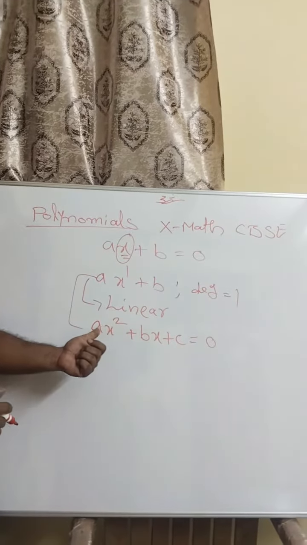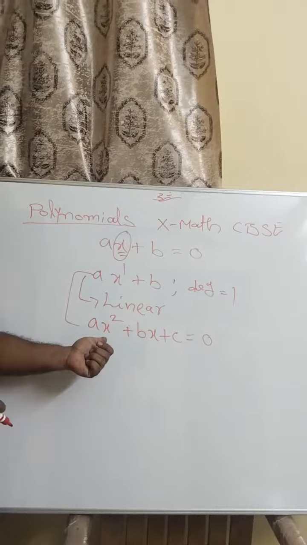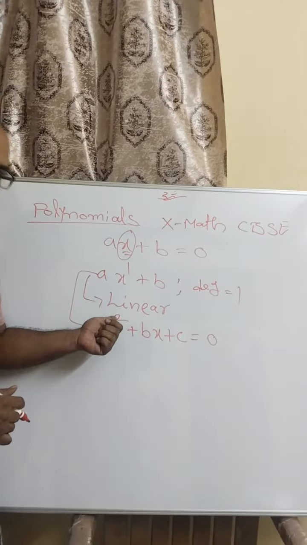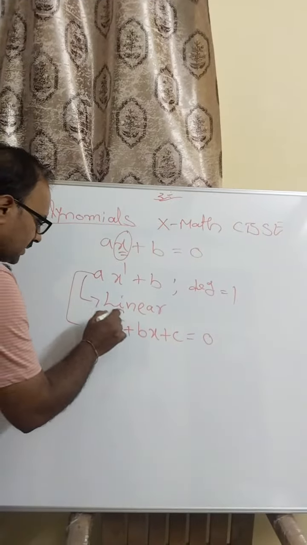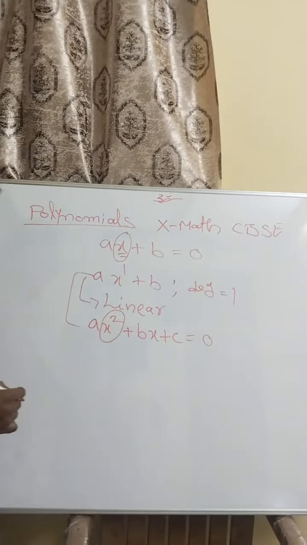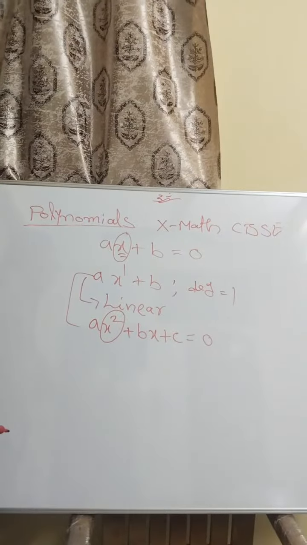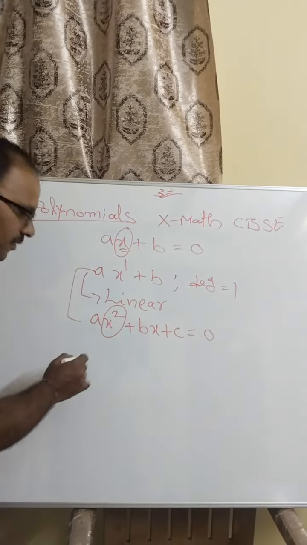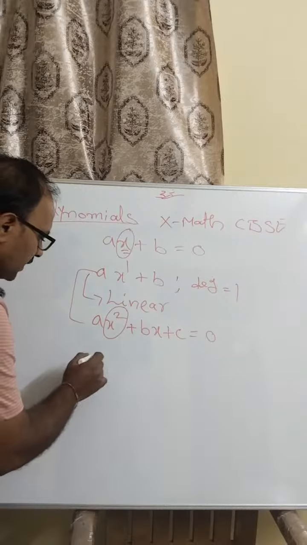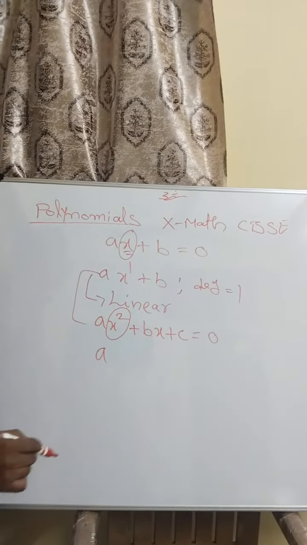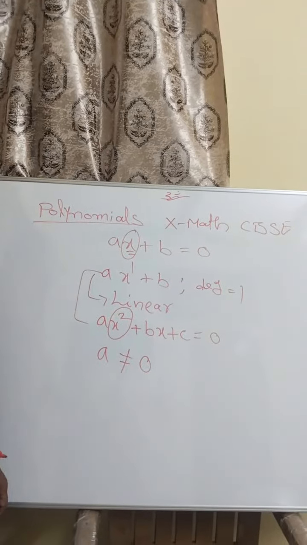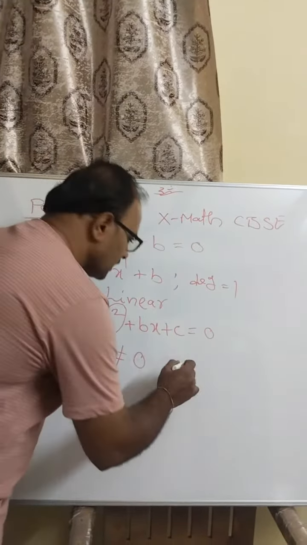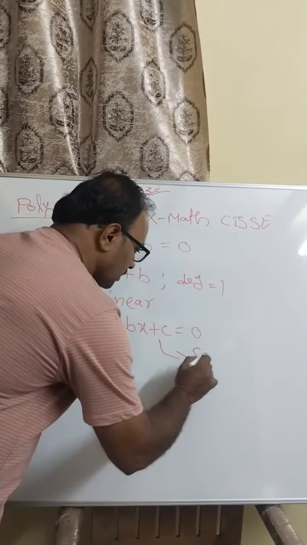This time the variable x has a highest power of 2. The condition is the highest power of the variable, x square, and its coefficient. What is the coefficient of x square? The coefficient of x square is a, which should not be 0. Then we will call it a second order polynomial.